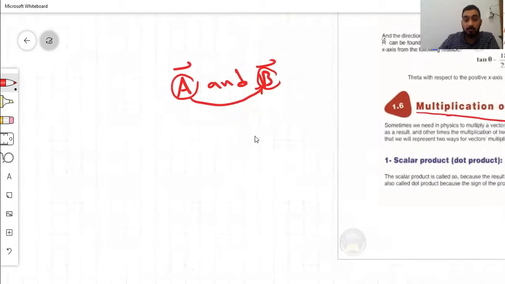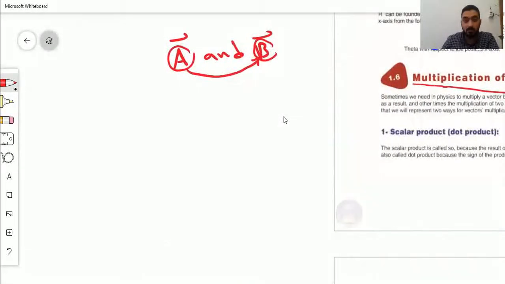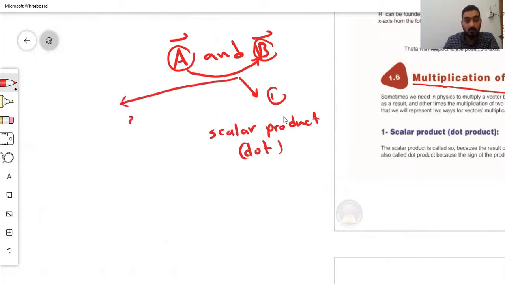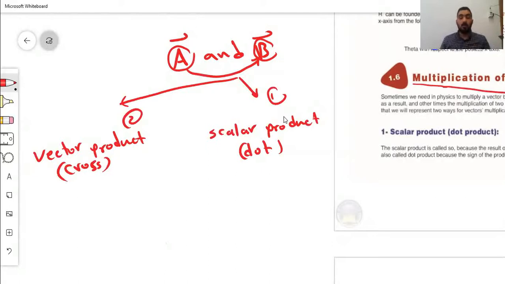The first way is called scalar product or dot product, and the other way is called vector product or cross product.